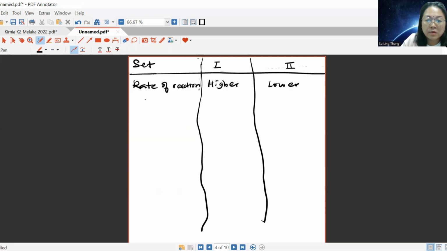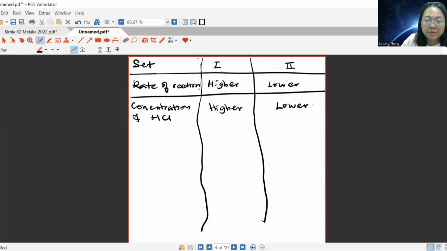lower. Okay, so now next you have to write down the concentration of hydrochloric acid. So this one is higher, that one is lower. Okay, so when you have concentration of HCl, normally we will stress on the number of hydrogen ions per unit volume.